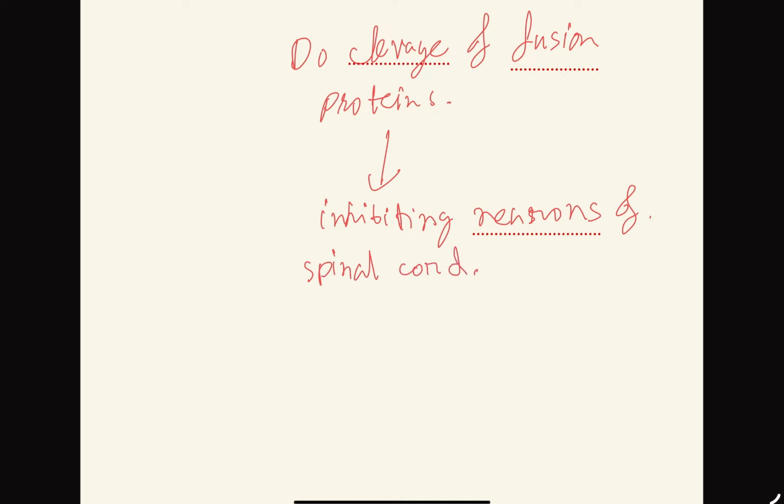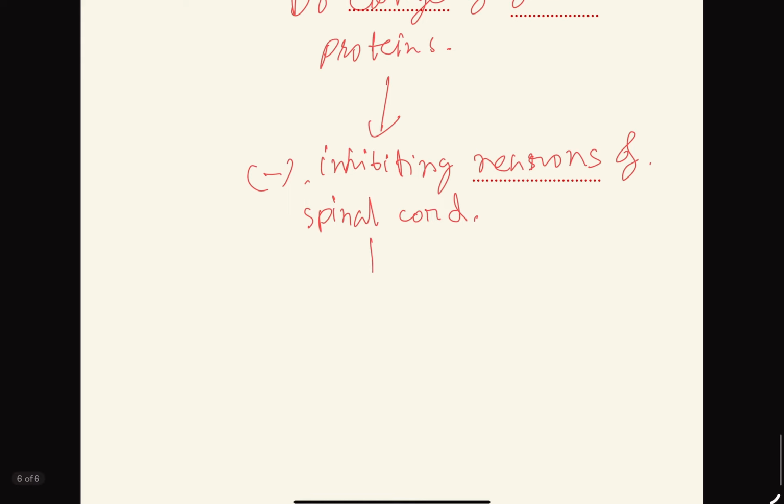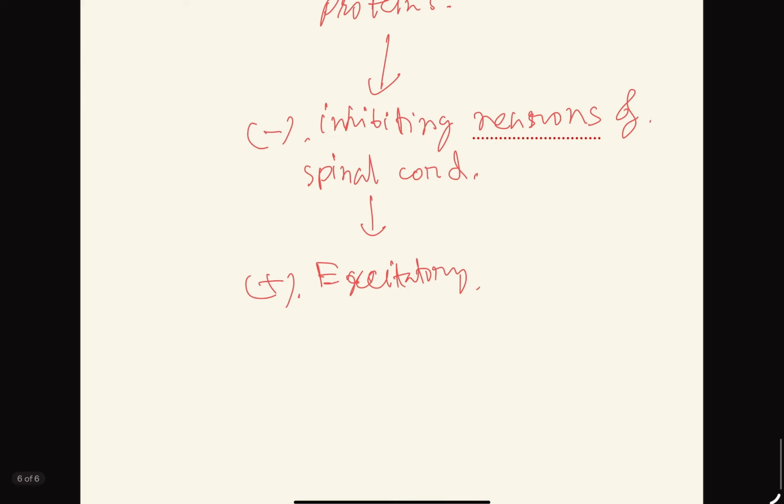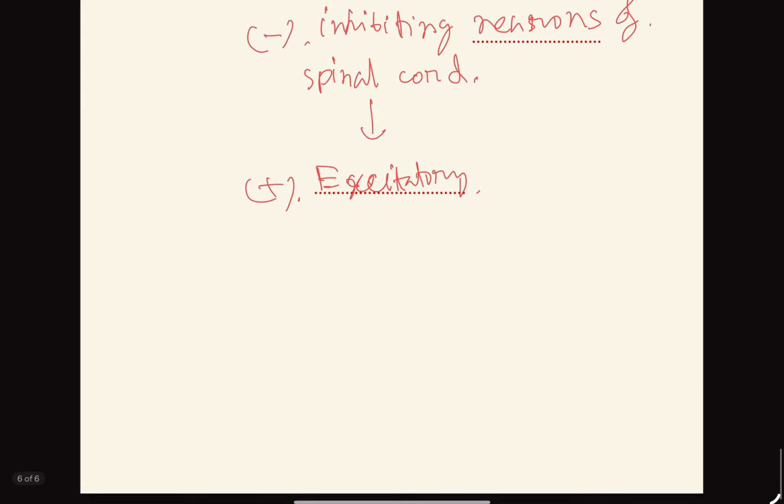So the inhibiting neurons of the spinal cord get inhibited. When the inhibiting neurons of the spinal cord get inhibited, the excitatory neurons get the upper hand, and they cause excessive contraction of the skeletal muscles, and then it causes muscle spasm.